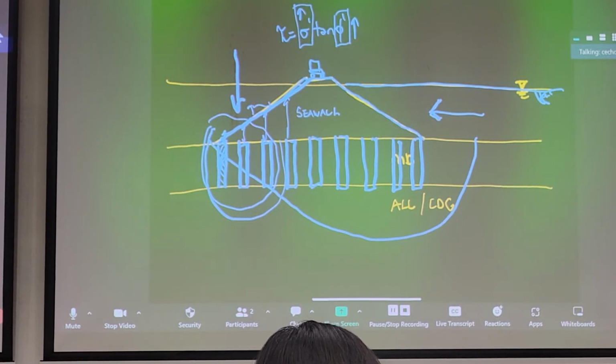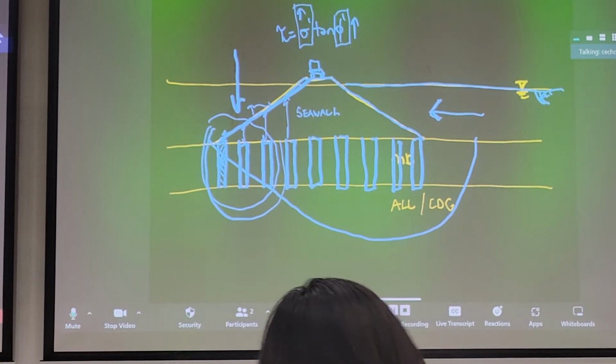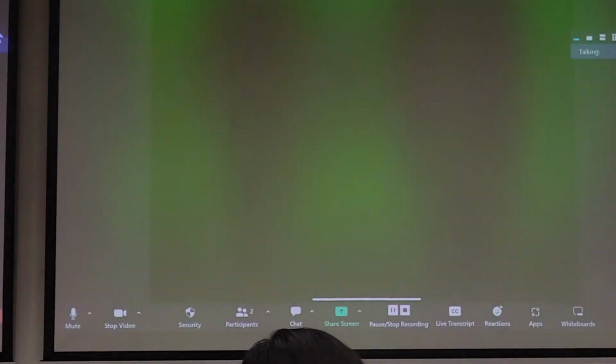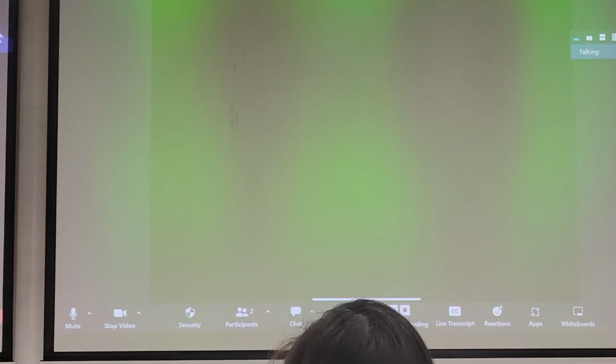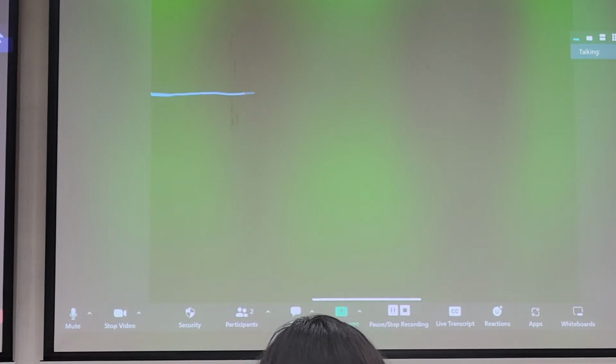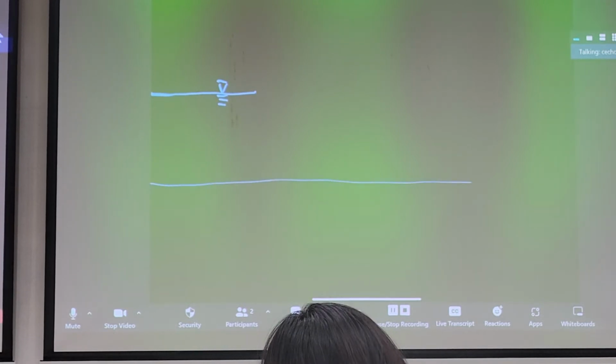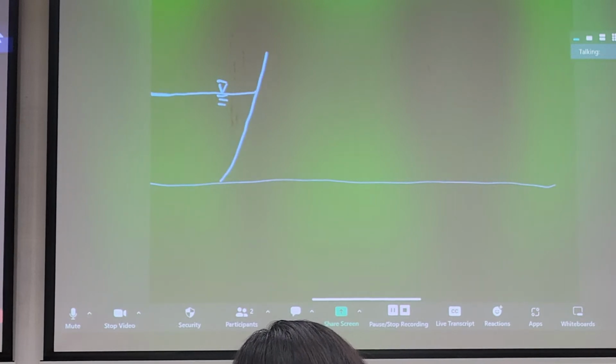Now, there are, of course, other interesting things around the world. I forgot the term. Let me look at the term later during the break, but there's a scenario where you have the sea here, and we build a very tall seawall.